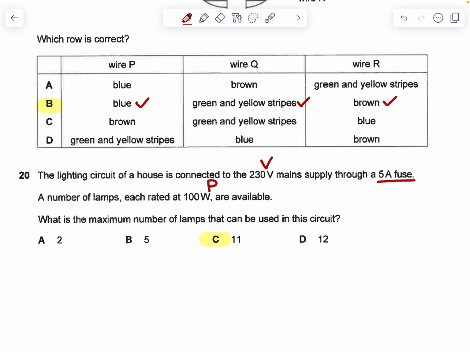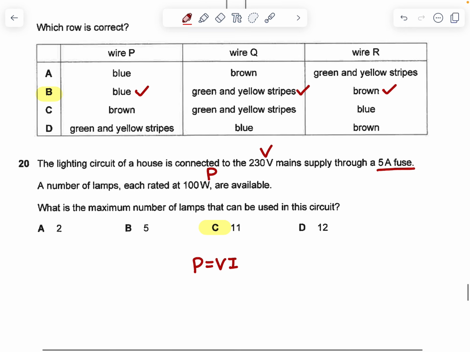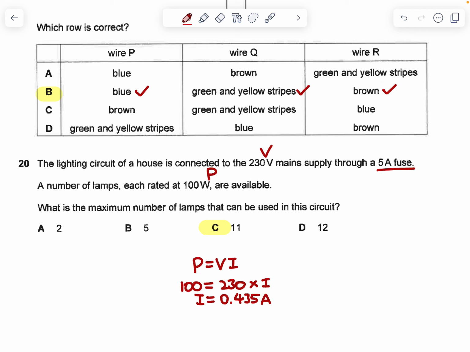So it's given you P and V. You can use the formula P equals VI to find the current. 100 equals 230 times I. I will be equal to 0.435 ampere, and this is per lamp. So every lamp will use 0.435 ampere.